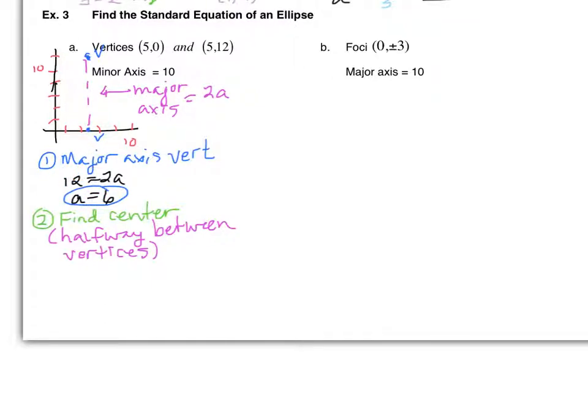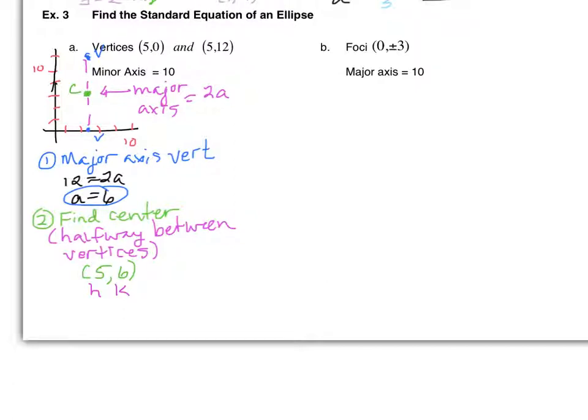Where does that put you? What is this ordered pair right here? That's your center. Yep, so that ordered pair is 5 to the right, 6 up, and that gives you your h and your k. So I have my h, my k, my a. What's missing?